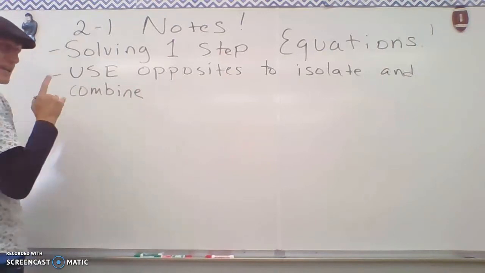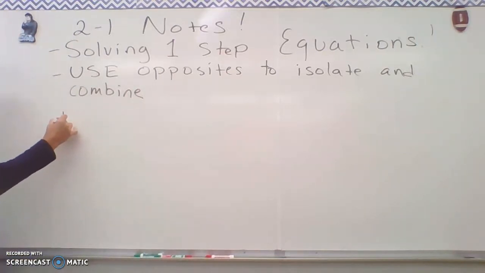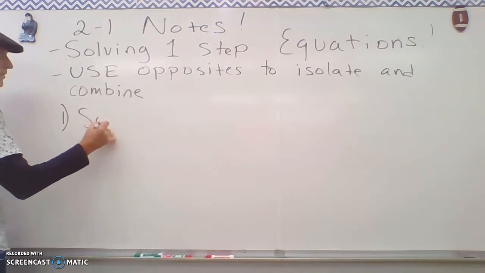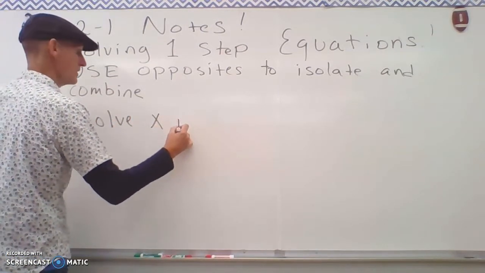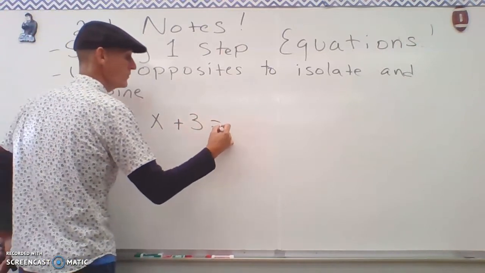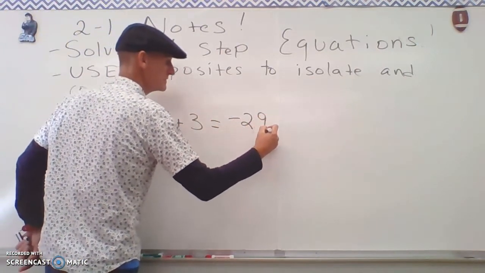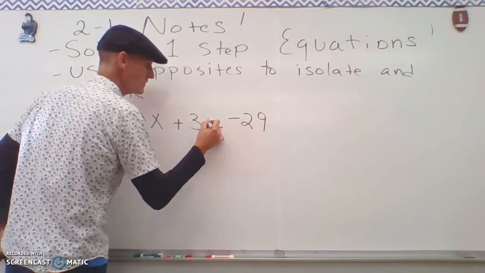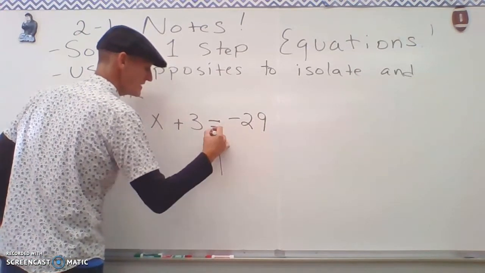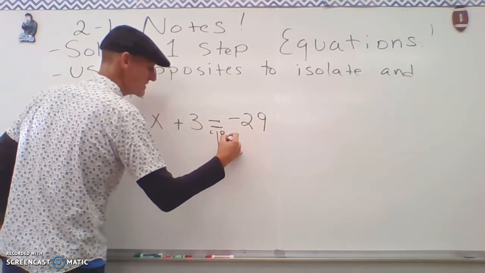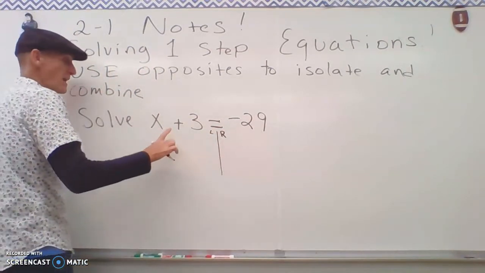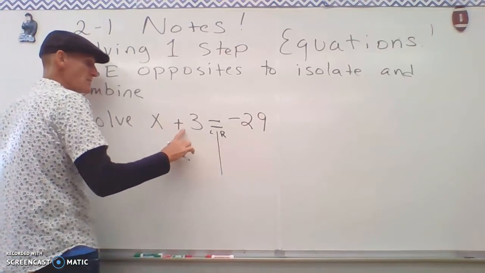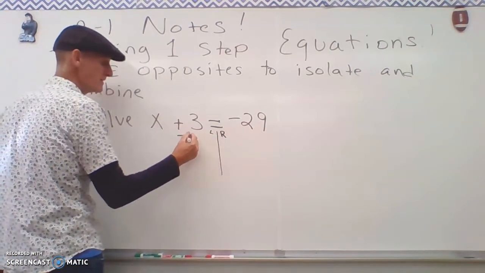Okay? Example 1. Solve x plus 3 equals negative 29. This is an equal sign. This has a left-hand side and a right-hand side. And I have to use the opposite of this 3 on itself.